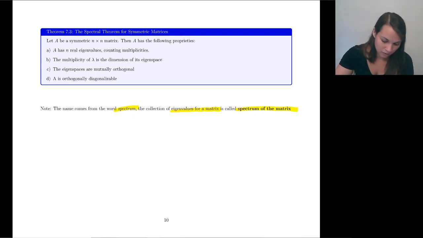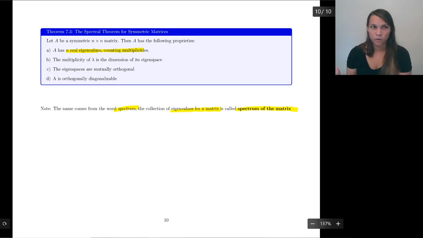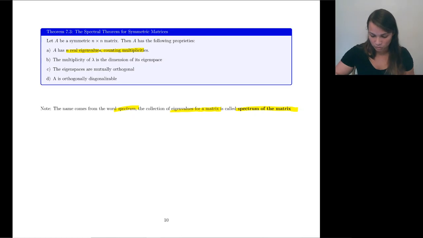And here we are talking about its eigenvalues, and we want to include all of the multiplicities, which gives us those really cool things about eigenvectors always being linearly independent, which is why we end up with the spectral theorem, because we got some really cool things by looking at the entire spectrum of a symmetric matrix A.